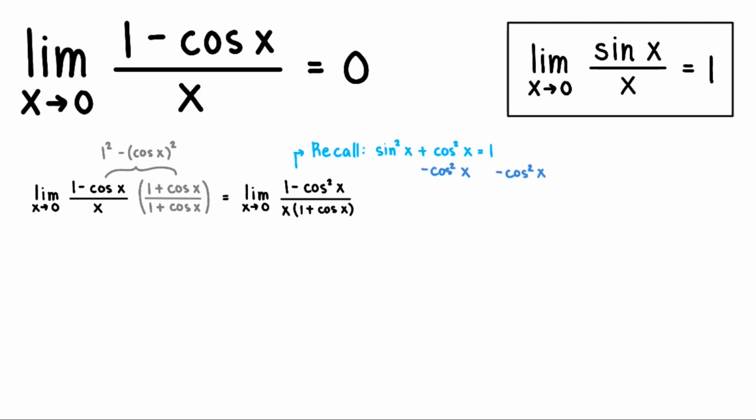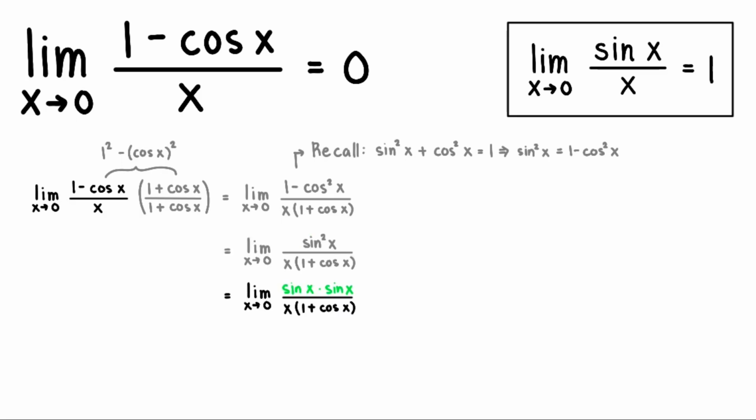Subtract cosine squared x from both sides, and on the left side this would cancel out, and we'll be left with sine squared x equals 1 minus cosine squared x. And observe that this out here is simply this one. This means that 1 minus cosine squared x is simply equal to sine squared x. So we'll have this. And from here, take note that we can express sine squared x as sine x times sine x. And so we have this so far.